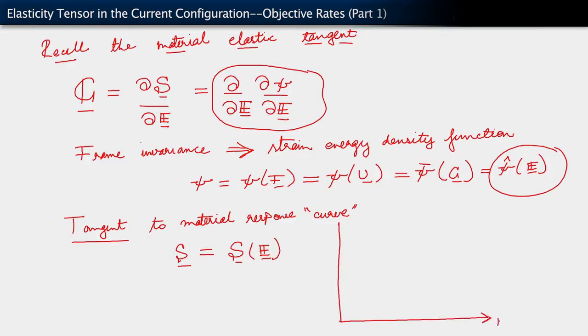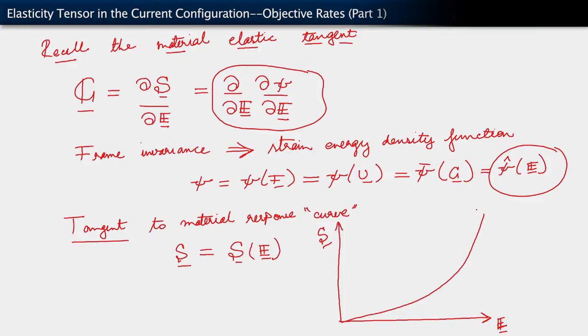So imagine that this is our higher dimensional space of E, and this axis represents our higher dimensional space of S. The material is nonlinear, so without really claiming to represent any particular material, let me give you a representative curve. It's nonlinear, so maybe it does something like that. Okay, that's our curve.